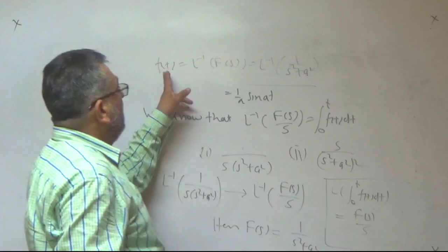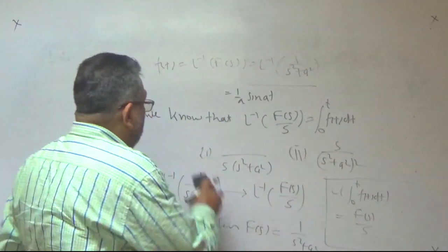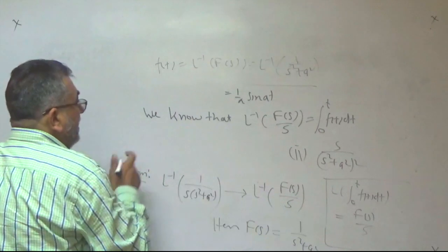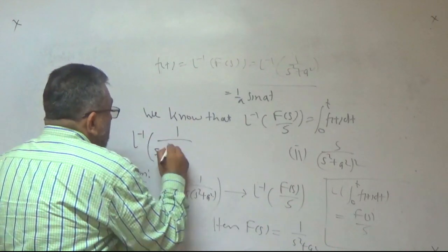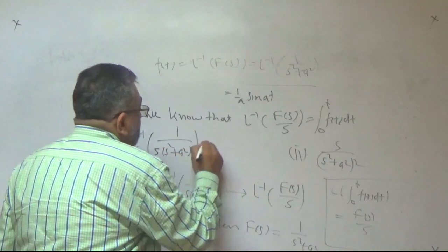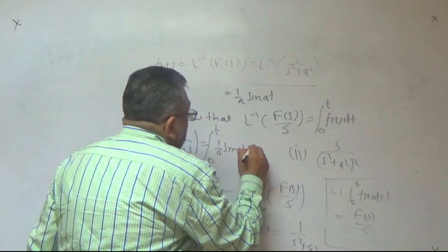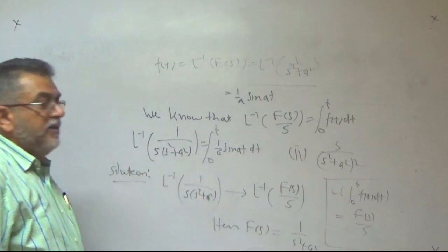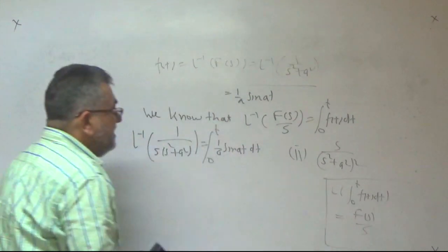Now you have already obtained f(t). Simply put it here and integrate this. This is a problem of a definite integral simply. That is, the inverse Laplace transform of 1 upon s times (s square plus a square) is the integral from 0 to t of 1 upon a sine at dt. Now calculate this definite integral.